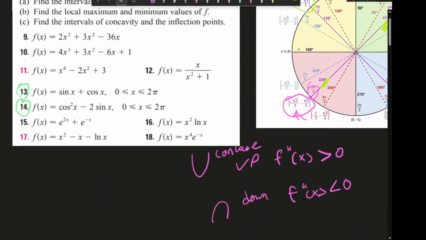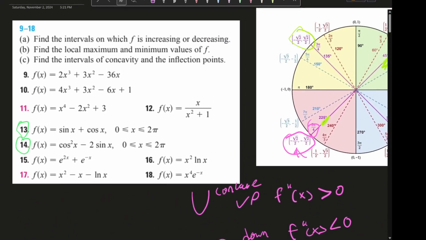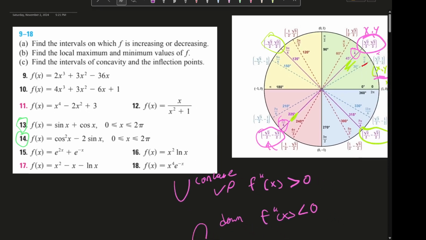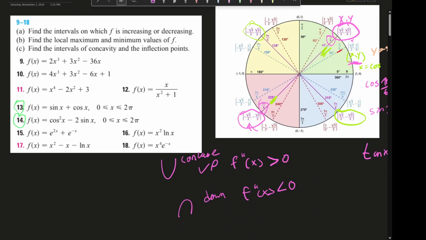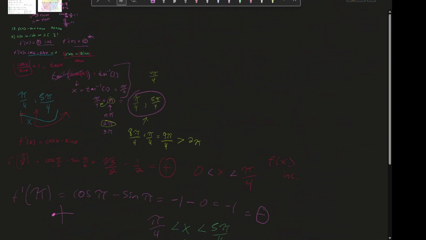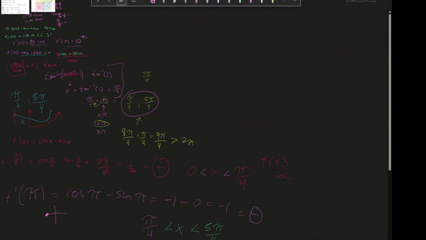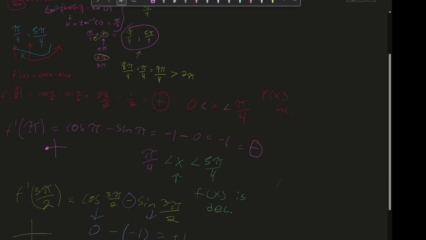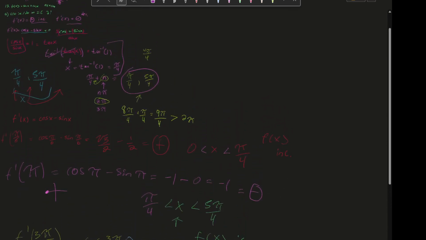That's your part A. And now it wants you to find the local max and minimum values of f. So, reusing part of our solution from part A, where we had our points of interest, critical points, I guess I should call them, is the terminology they use.